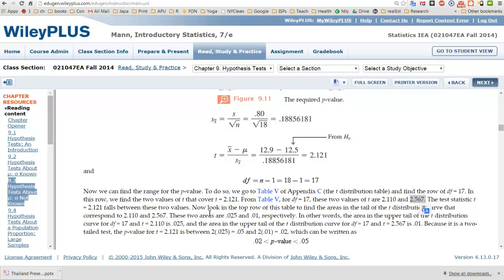I'm not going to go through the table right now, but I hope you can figure that out. It turns out that the associated areas are this and this. So the p-value, if you go through these calculations and look at the table, turns out to be between 2% and 5%.